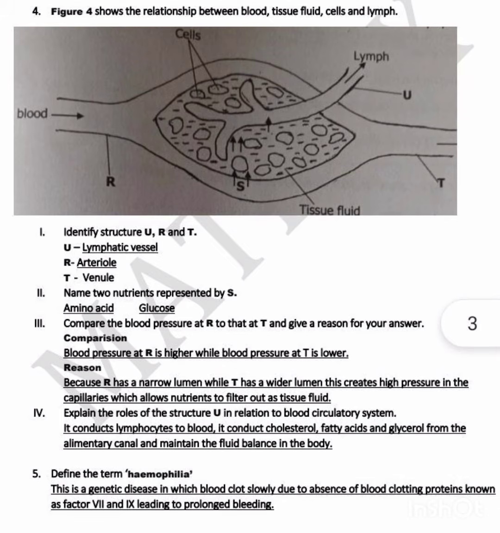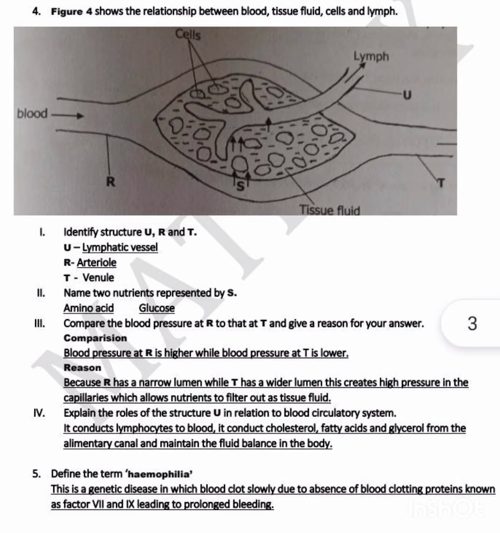They want us to compare the blood pressure at blood vessel R and the one at blood vessel T. So the answer is, blood pressure at R is higher while blood pressure at T is lower.